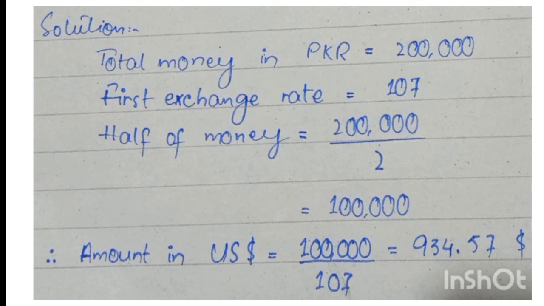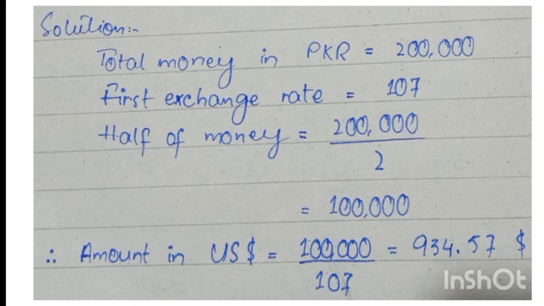Solution: total money in Pakistani rupees, PKR, equals 2 lakhs, 200,000. The first exchange rate was 107, so I've written 107 here, and he converted half of his money first, then the rest afterwards. So first we need to find half of the money he has. 200,000 divided by 2 equals 100,000, that is 1 lakh.